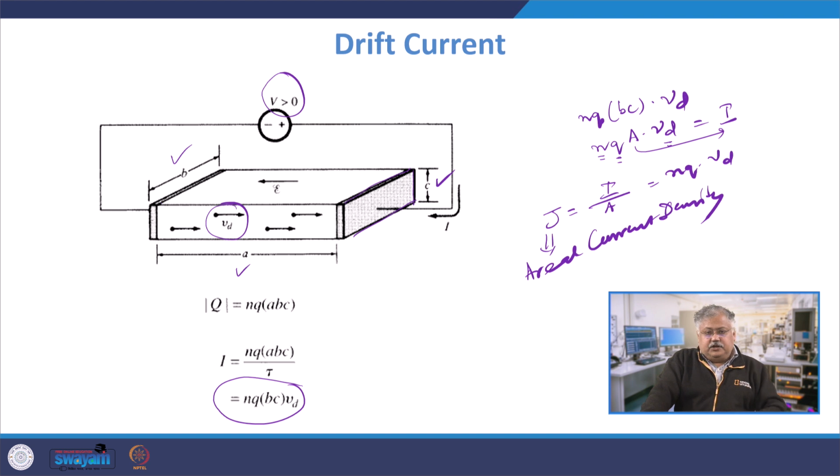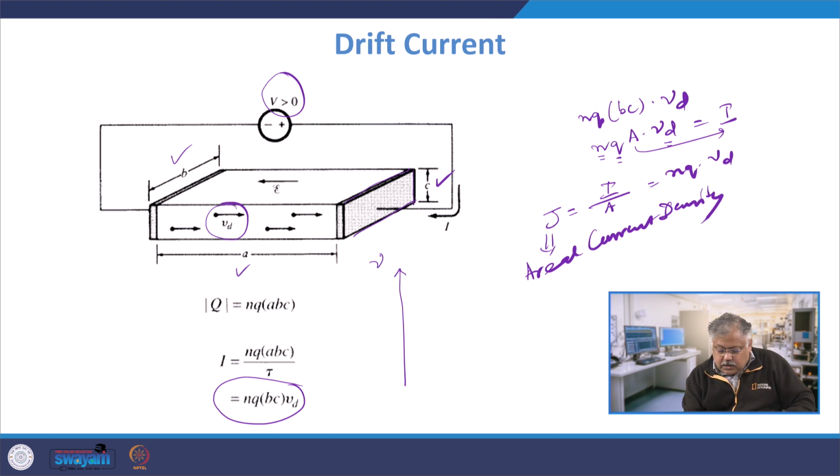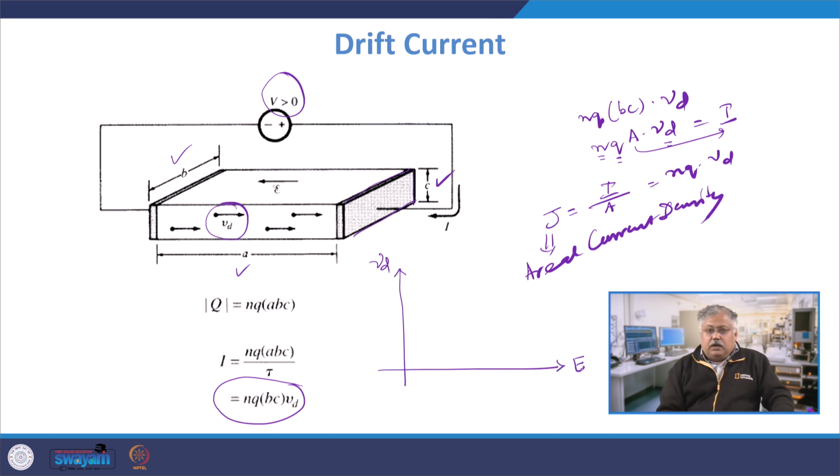So this is the basic drift function, but how does it work out? If you plot the drift velocity of the charge particle against the electric field on the x-axis, and you go on increasing the electric field to check how the velocity of the charge particles changes, it comes out like this for silicon, and then it becomes constant.